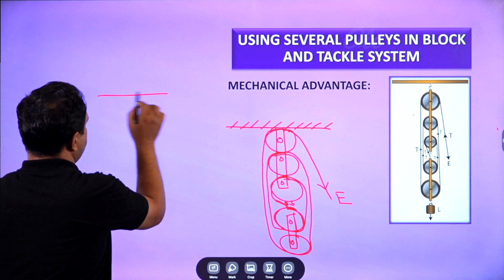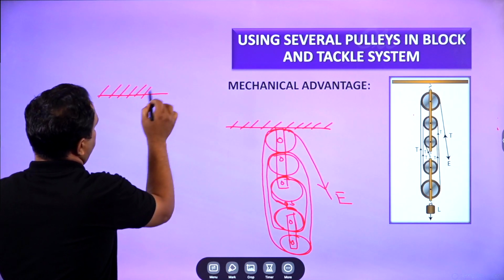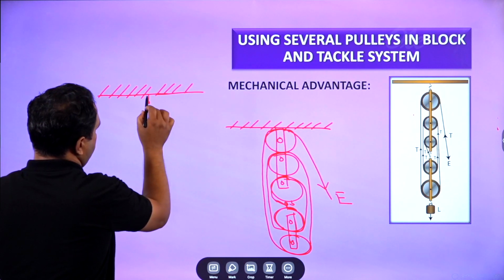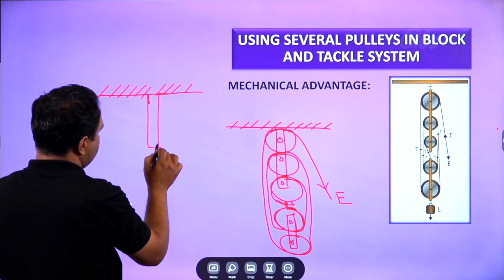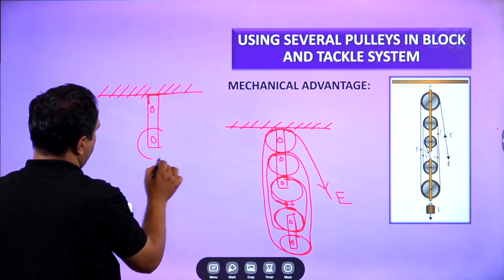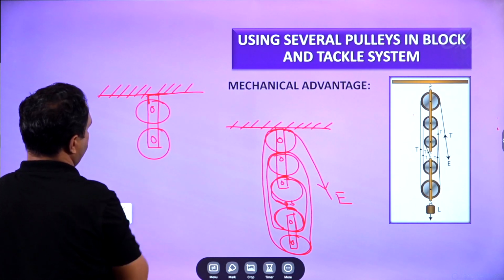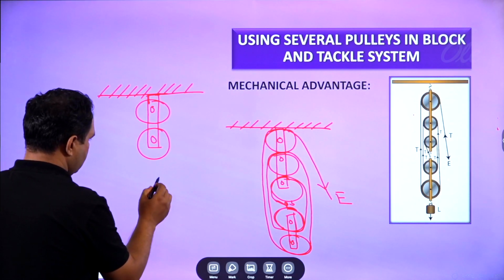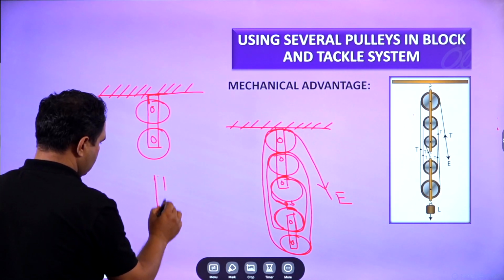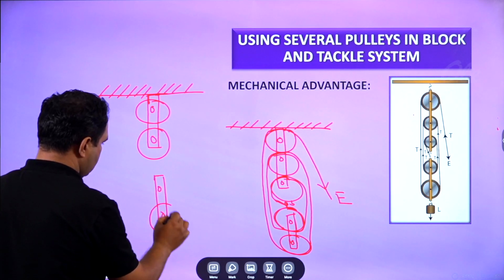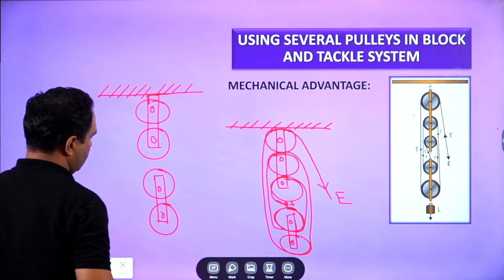Suppose that there is a combination of 2 pulleys at the upper part and 2 pulleys at the lower part. Okay, these are the 2 pulleys at the upper part, and these are the 2 pulleys at the lower part. Okay.